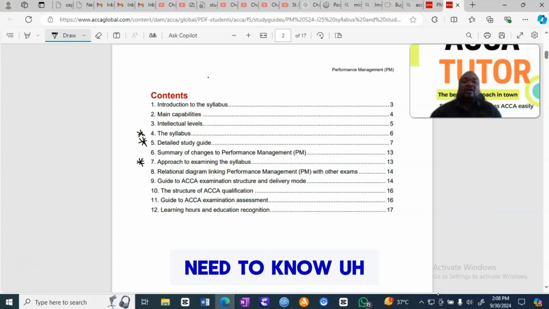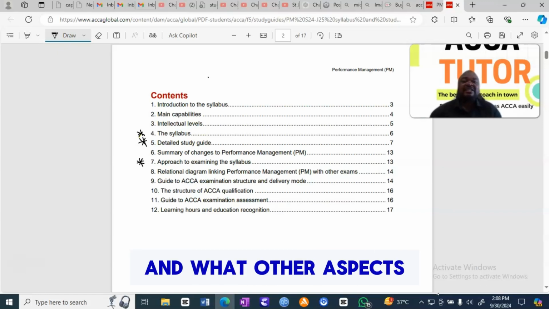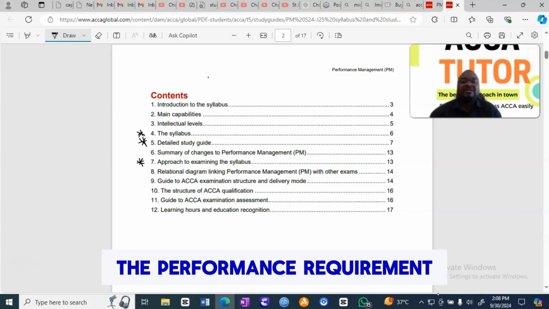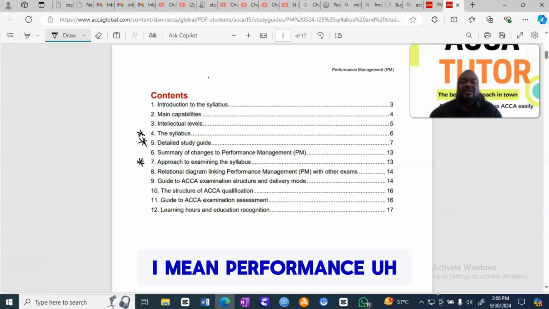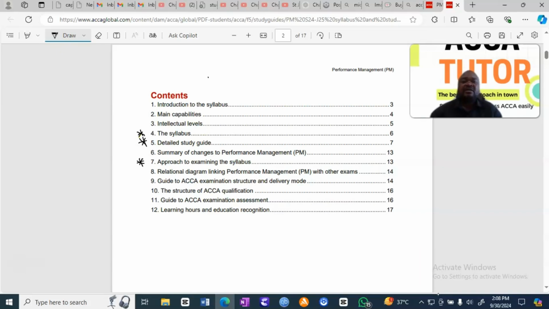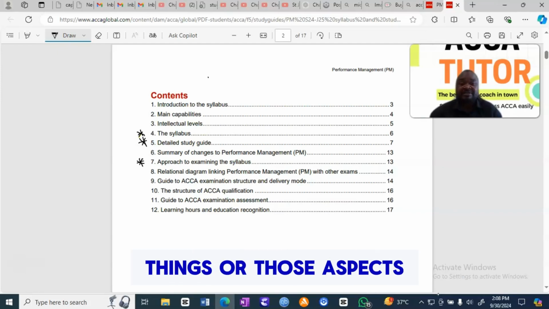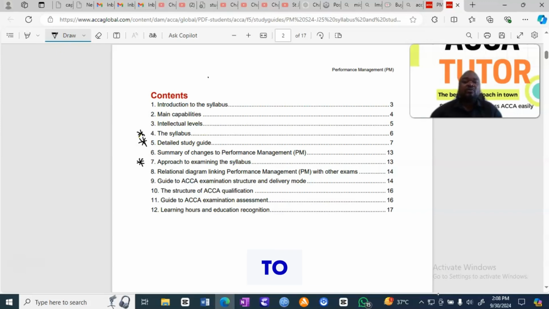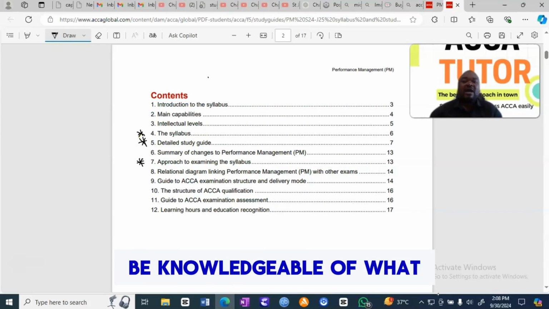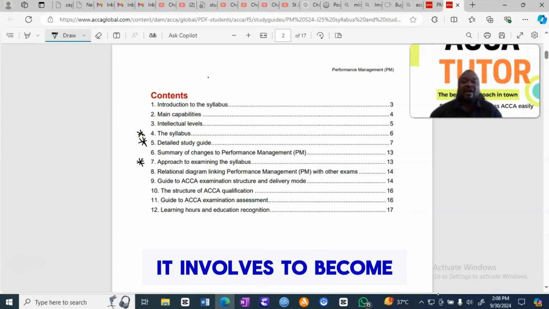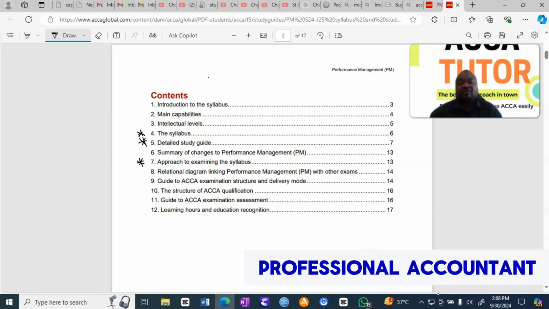You need to know all the papers involved and what other aspects are also involved, the performance requirement, the PER, all those aspects. So you need to be knowledgeable of what it involves to become an ACCA certified professional accountant.